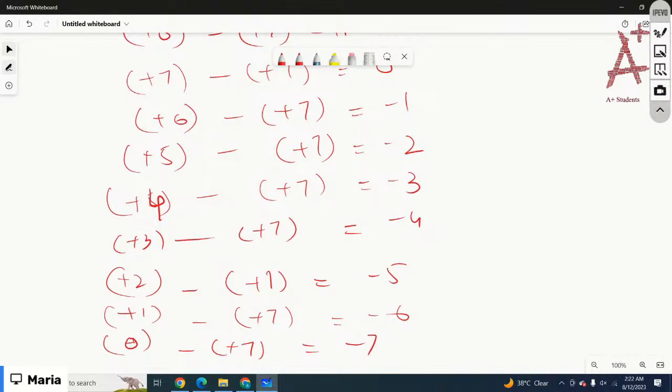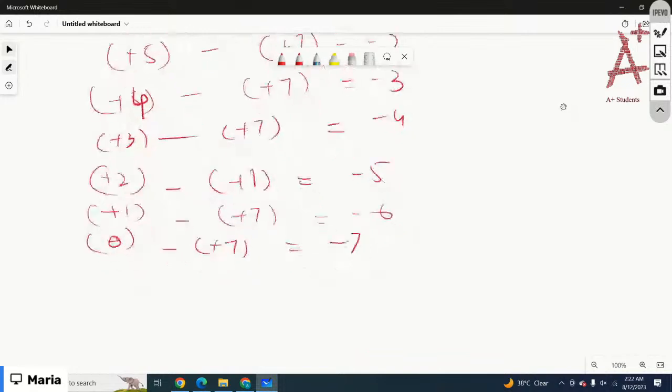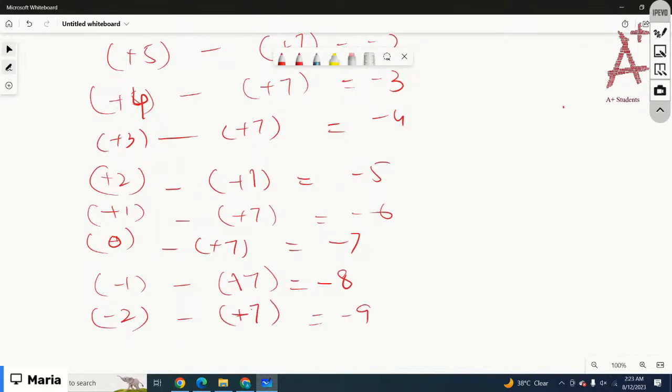Then you have to go till negative 3. Negative 1 minus positive 7, that would be negative 8. Negative 2 minus positive 7, that would be negative 9.